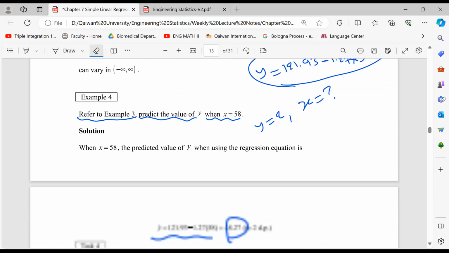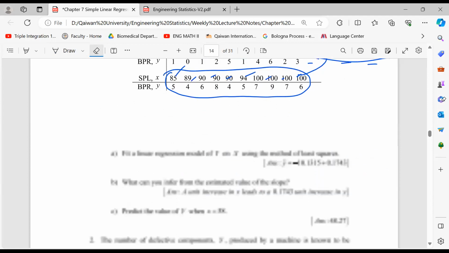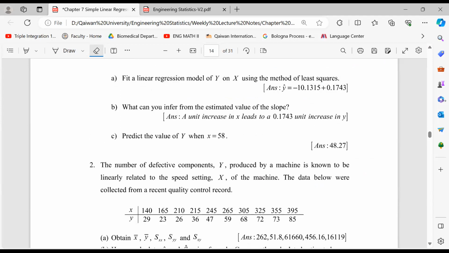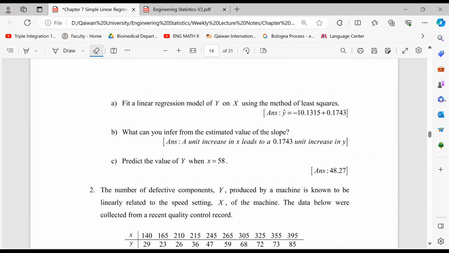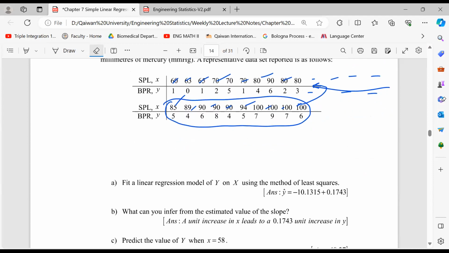That's it. Here we have this task. In that task, we need this. That's why I talked about that. Look, in this given data, it says with a linear regression model, y on x, using the method of least squares. Here it means find the equation.